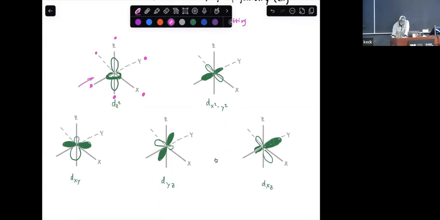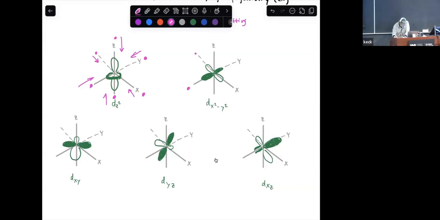And what we can appreciate if we consider the dz squared axis is that immediately as these point charges are approaching, we're running into repulsion. And the dz squared orbital has this distinctive lobe as well as the familiar donut. And so there's a high degree of clashing with these point charges as they come in.